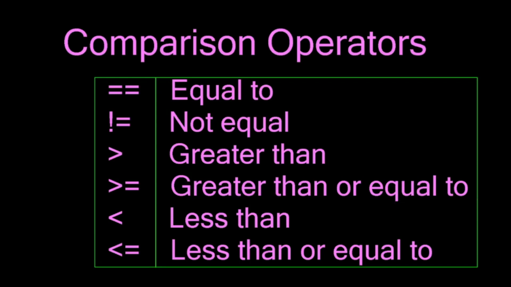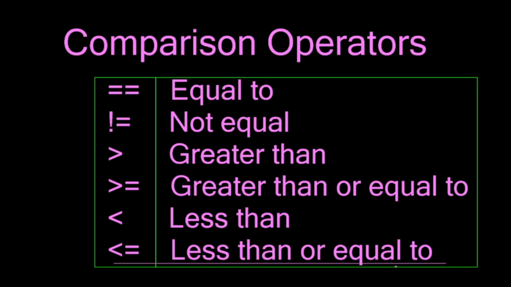Now we have less than, which is the opposite of greater than, and less than or equal to, which is the opposite of greater than or equal to. It works on the same logic, but in the opposite way.